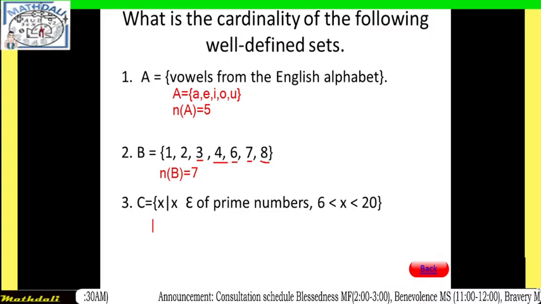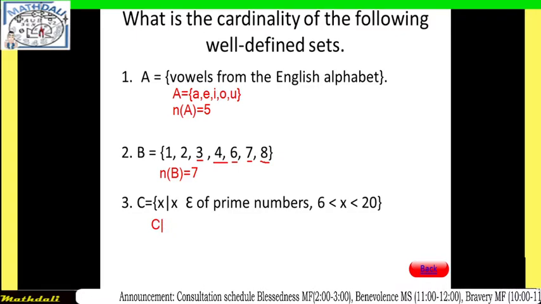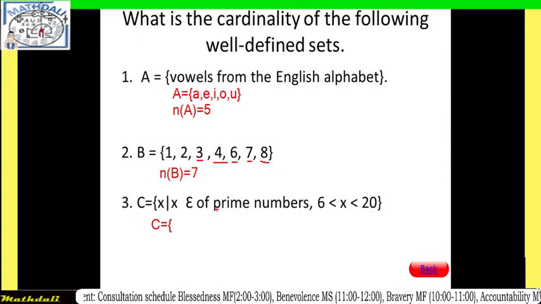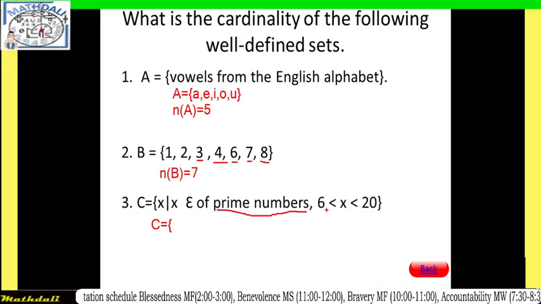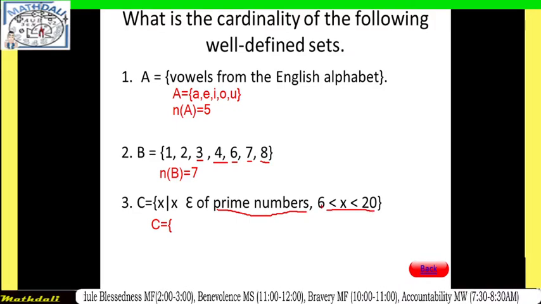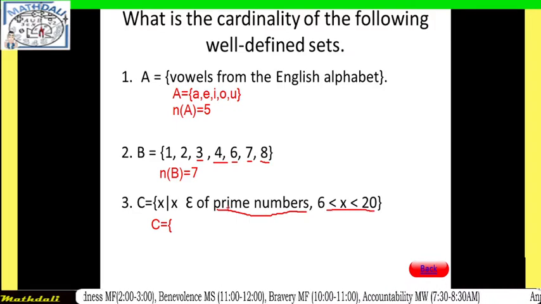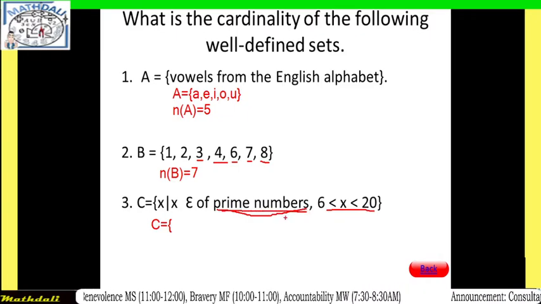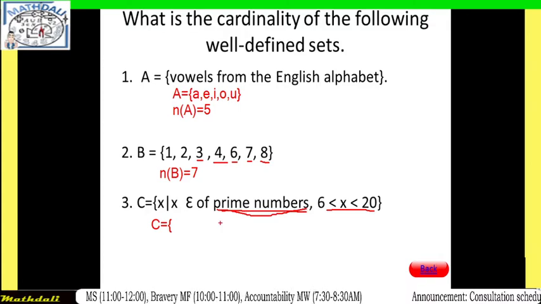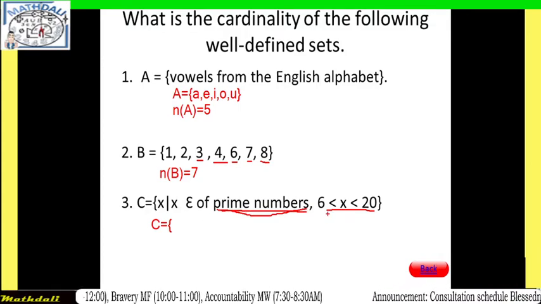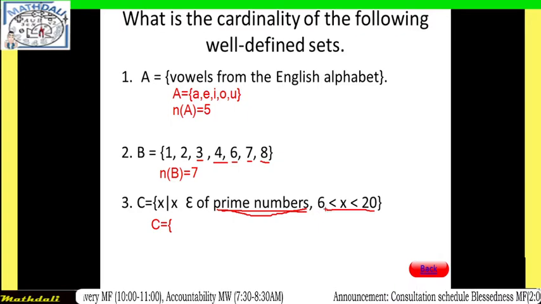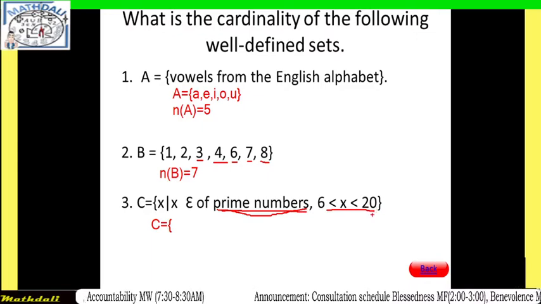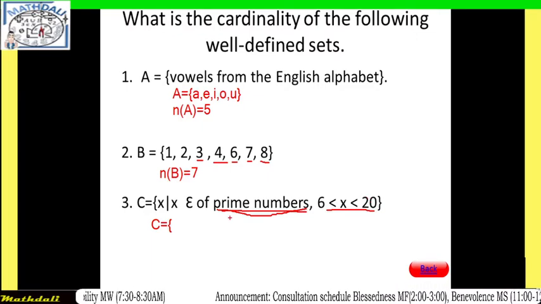So by listing the elements, we have set C that will be equal to, we have, ano yung mga prime numbers that is between 6 and 20. Only prime numbers. Ulitin ko lang ha, pag sinabing prime number, wala nang ibang factor except 1 and the number itself. We're going to consider those prime numbers that is between 6 and 20 or mas mataas sa 6 at mas bababa sa 20. Ano yung mga prime numbers na yon?